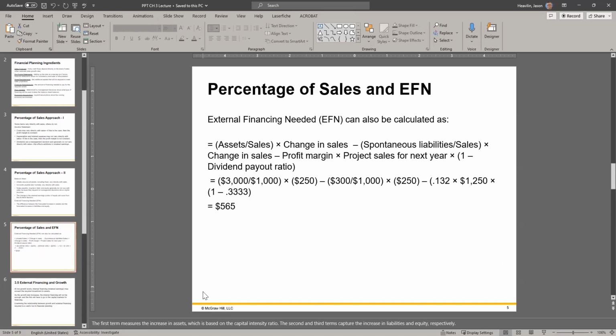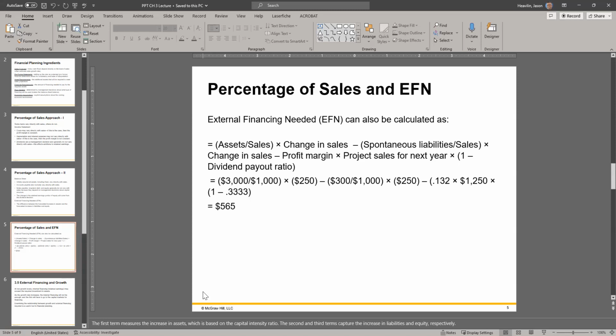So let's say you want to calculate your external financing needed as a dollar amount. You can do it by percentage of sales. Now the formula is lengthy in a way, not too bad, but it's just a couple of multiplications and subtractions. Notice how some of them are divided by sales.